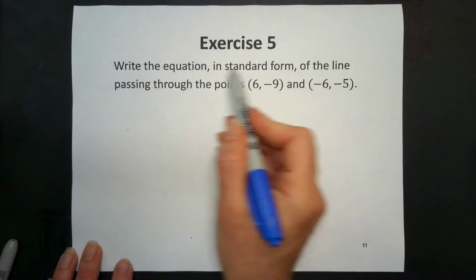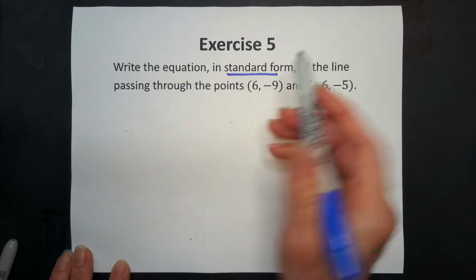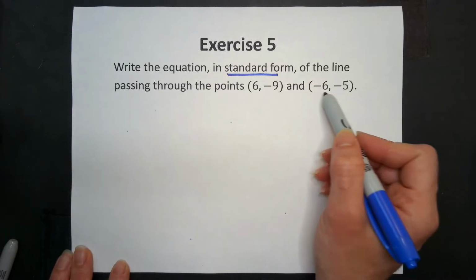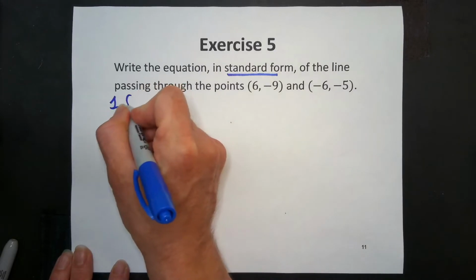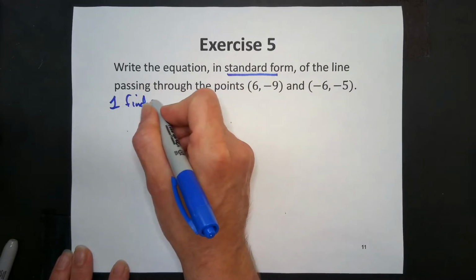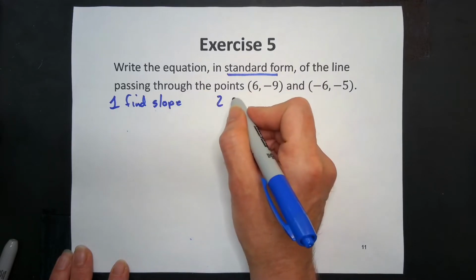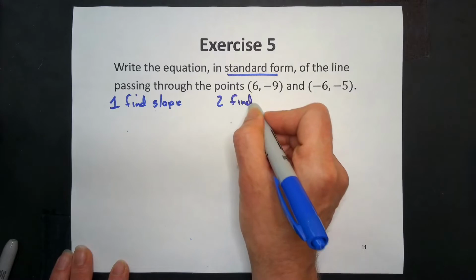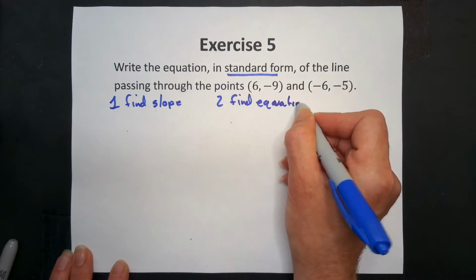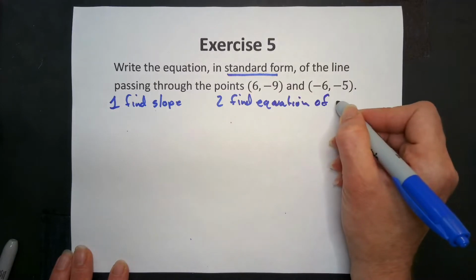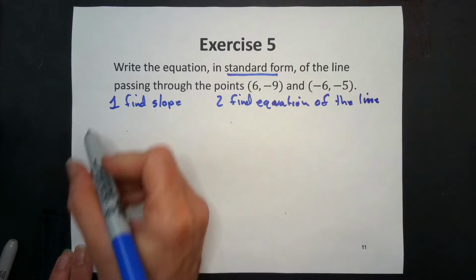Next, now notice it says write the equation in standard form of the line passing through the points (6, -9) and (-6, -5). So we have to do 2 steps. The first step is going to be find the slope. And then the second step is find the equation of a line, and in this case, standard form.